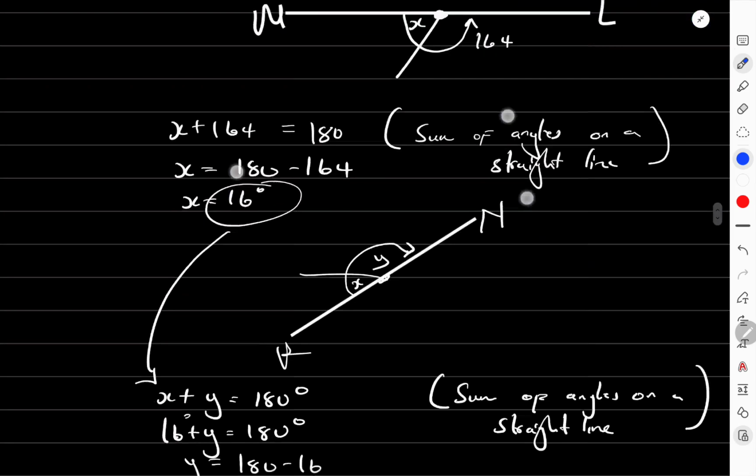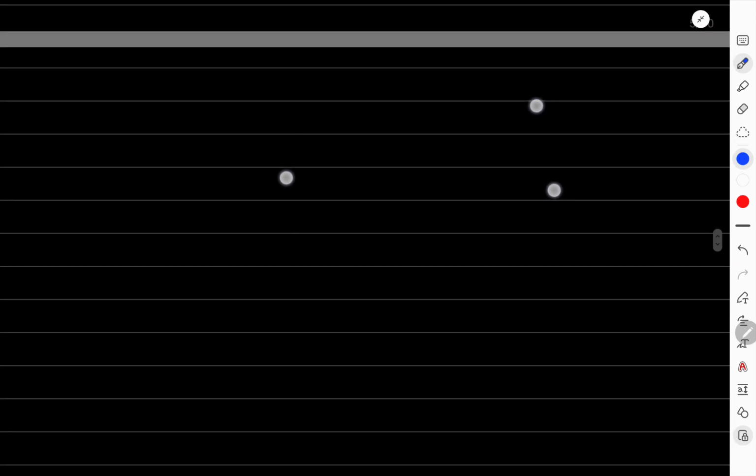Now, let us do other calculations that involve vertically opposite angles. Let me draw a structure like this one.